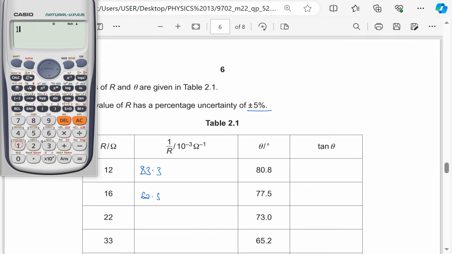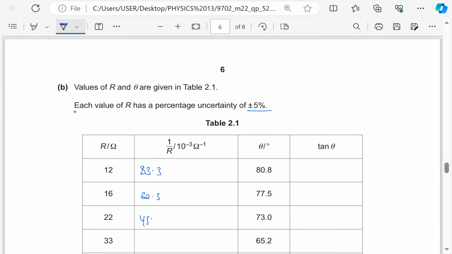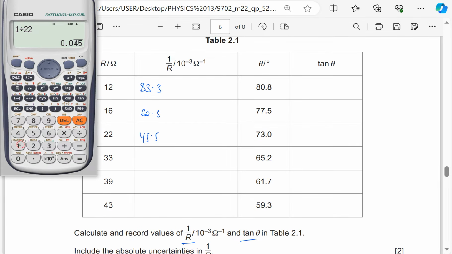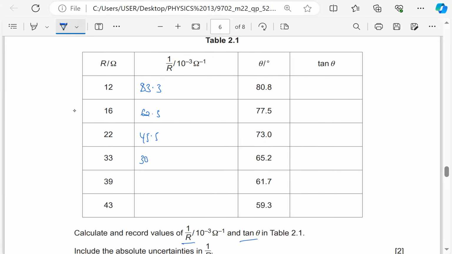Then I have 1 divided by 22. So this is going to be 45.5 times 10 to the power of minus 3. 1 divided by 33 is 0.030303, so it is going to be 30.3.